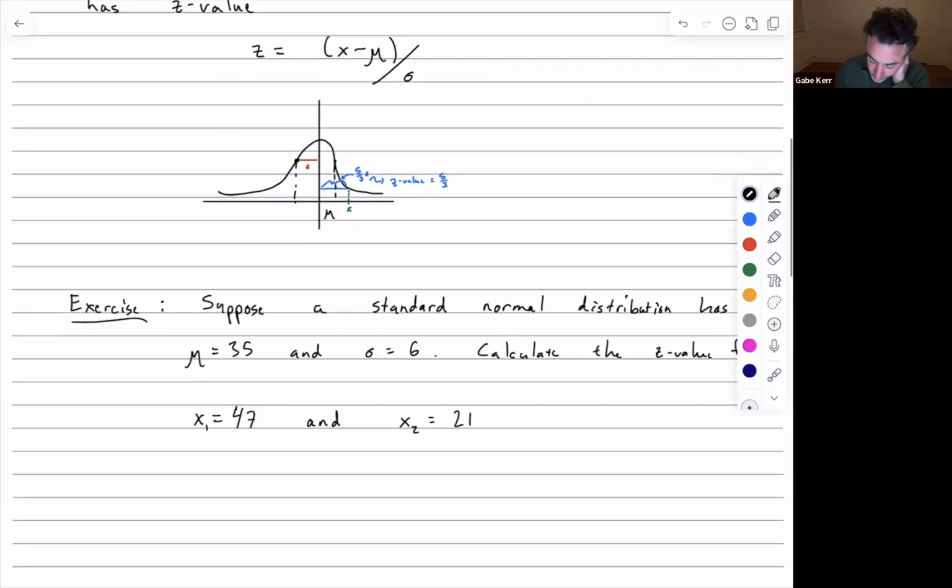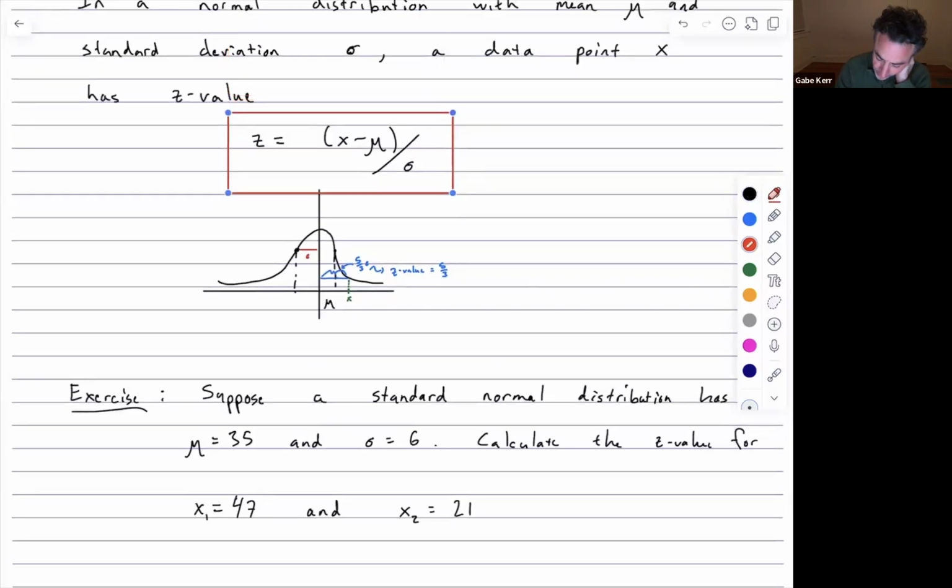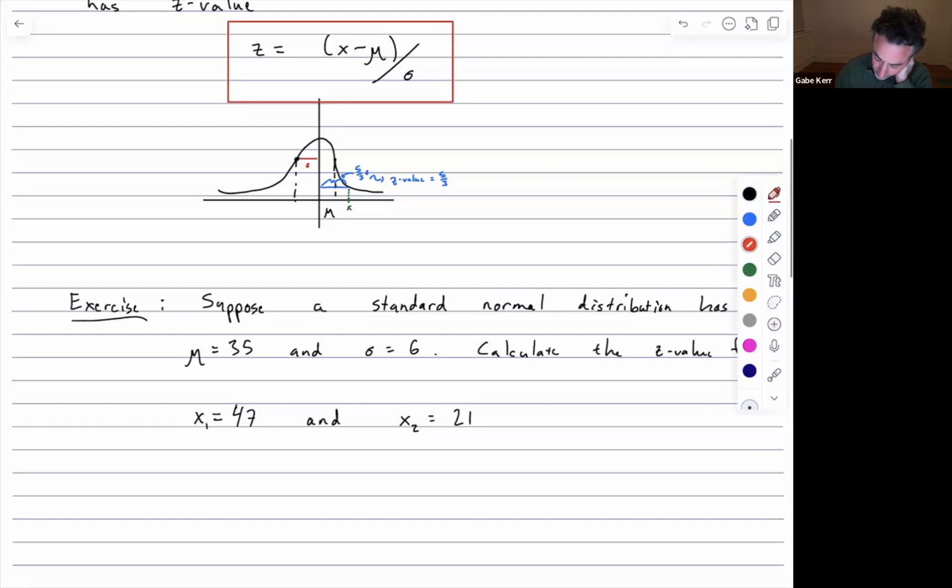All right. So all we have to do is apply this formula up here, and this is a good formula to keep in your notes for an exam, or for a note card for an exam. So let's go ahead and calculate it.